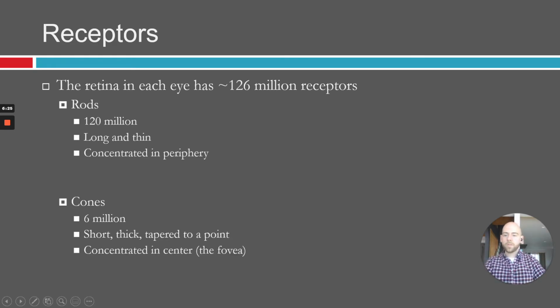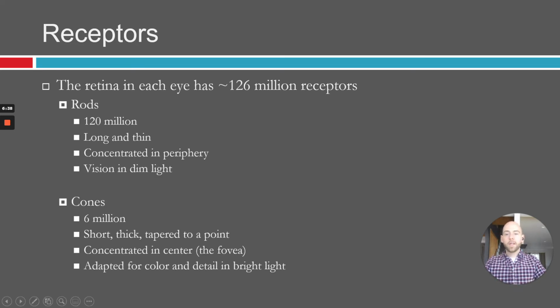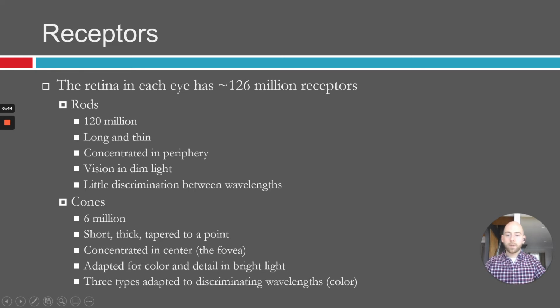Cones look like cones. The periphery, the outside of your retina, has more rods, and the center, or the fovea, where you see more detail, has more cones. This is partly because rods are about dim light and seeing black and white, basically seeing contrast. So for your peripheral vision, it's much more important to be able to see contrast and make out shapes in general.